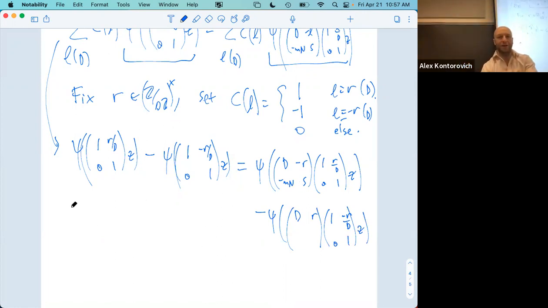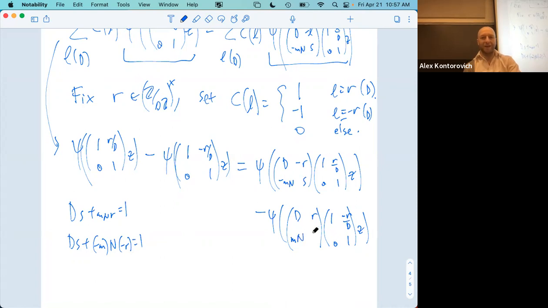Remember, the condition is that DS plus MNR is equal to 1, where you just replace the element. So when I replace R by negative R, the S can stay the same, but the M turns into a negative M. DS plus negative M times N times negative R is also 1. So when R gets replaced by negative R, this minus MN turns into a plus MN. The S stays S.